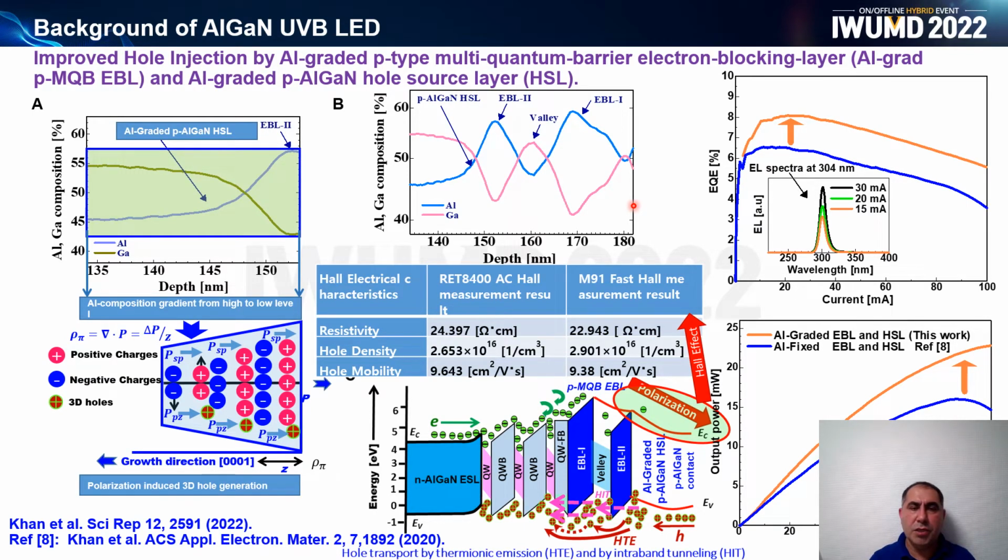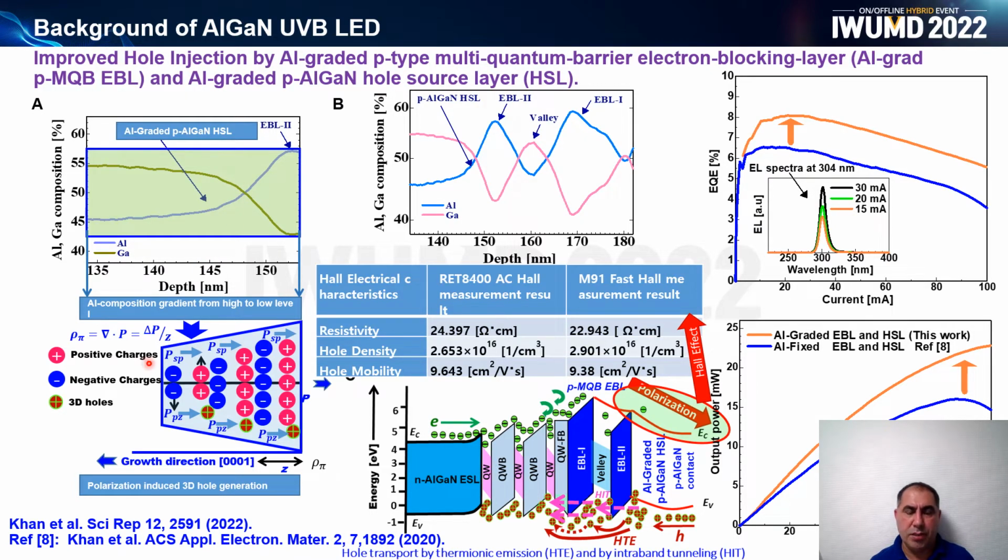We improved the hole injections by aluminum graded p-type multi quantum barrier electron blocking layer, as shown in this aluminum gallium profile, and also using aluminum graded p-AlGaN hole source layer, as shown in the aluminum gallium profile in the LED devices.